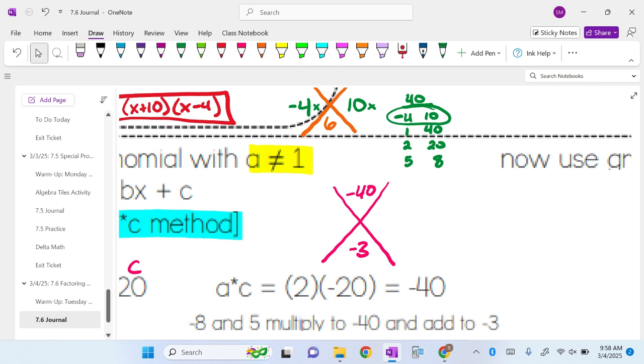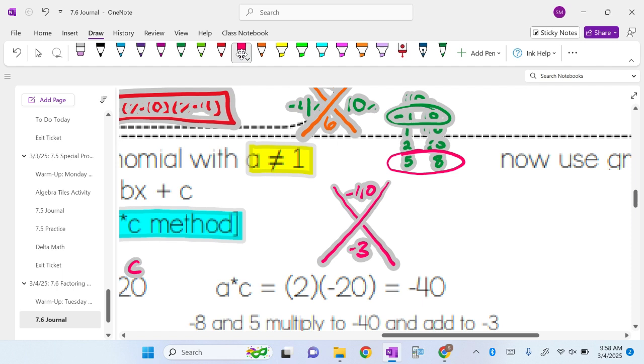Now, we already listed some factors of 40 above. Which two factors could potentially subtract to give you negative 3? 8 and 5.